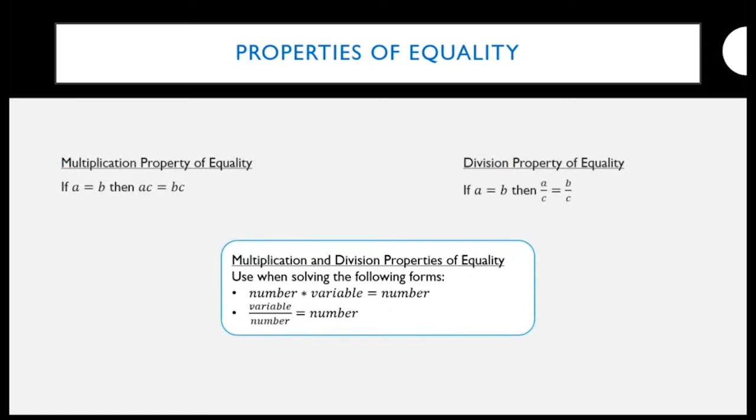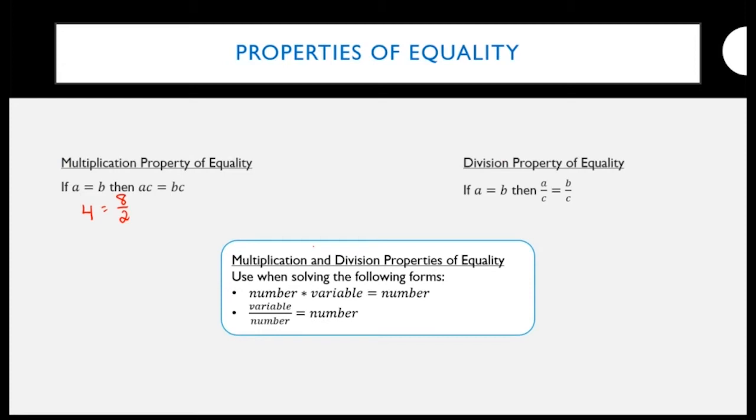So the multiplication property says if you have something a equals b, then a times c equals b times c. What this is saying is, if I have 4 equals 8 over 2, this is something that we know to be true because 8 over 2 reduces to 4.